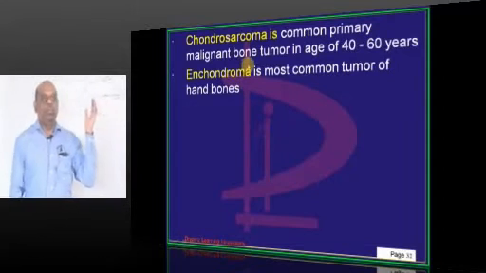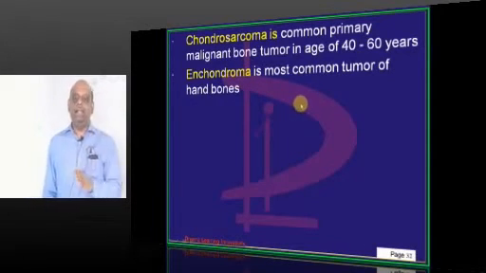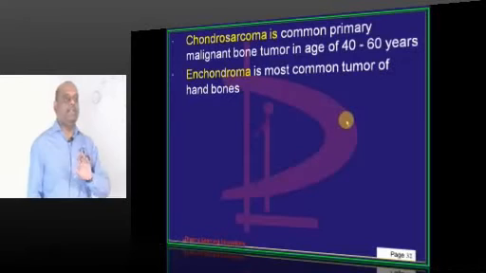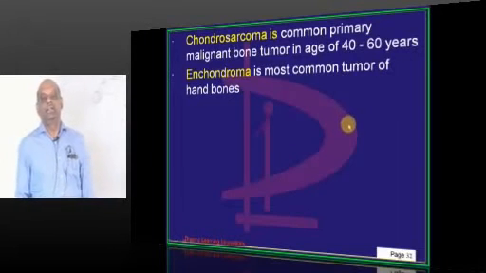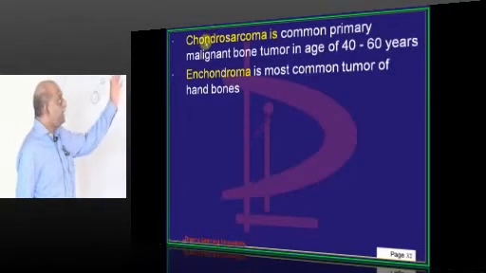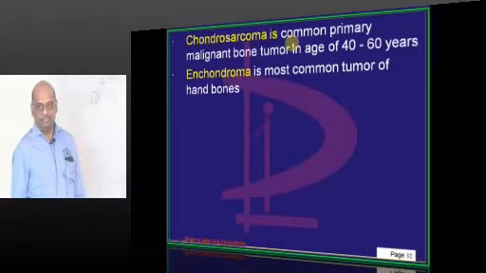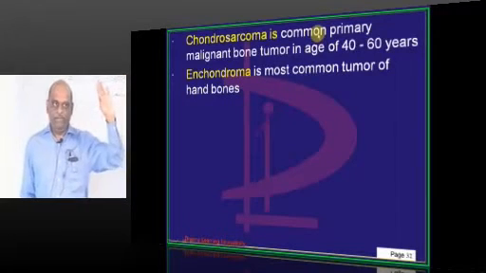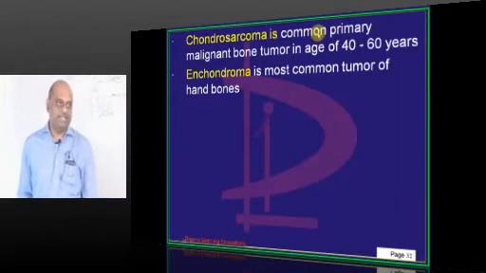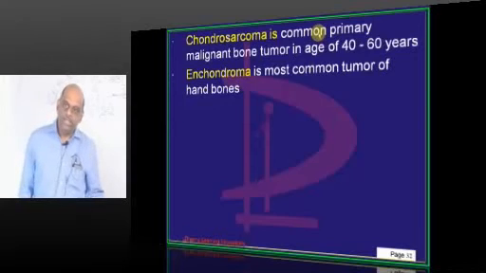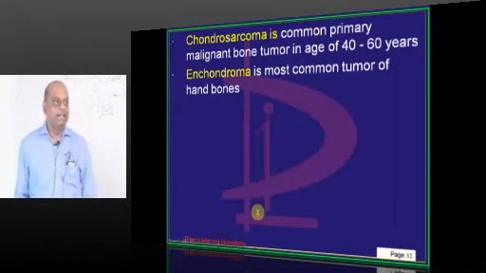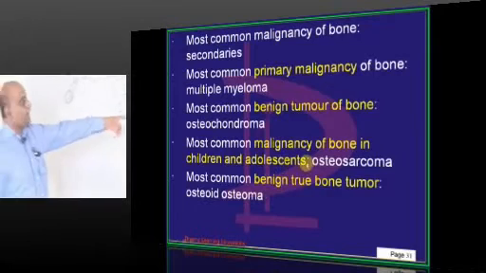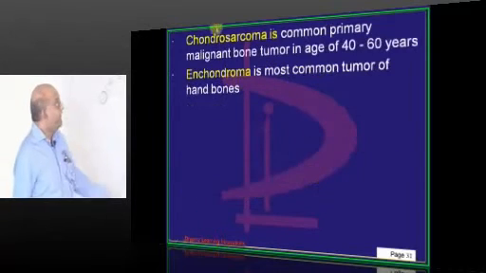Then what is the primary malignant bone tumor in the age group of 40 to 60 years? 40 to 60 years, it is chondrosarcoma. If the question is asked, see, elderly people, overall multiple myeloma, but multiple myeloma generally occurs after 60. In children and adolescents, osteosarcoma.